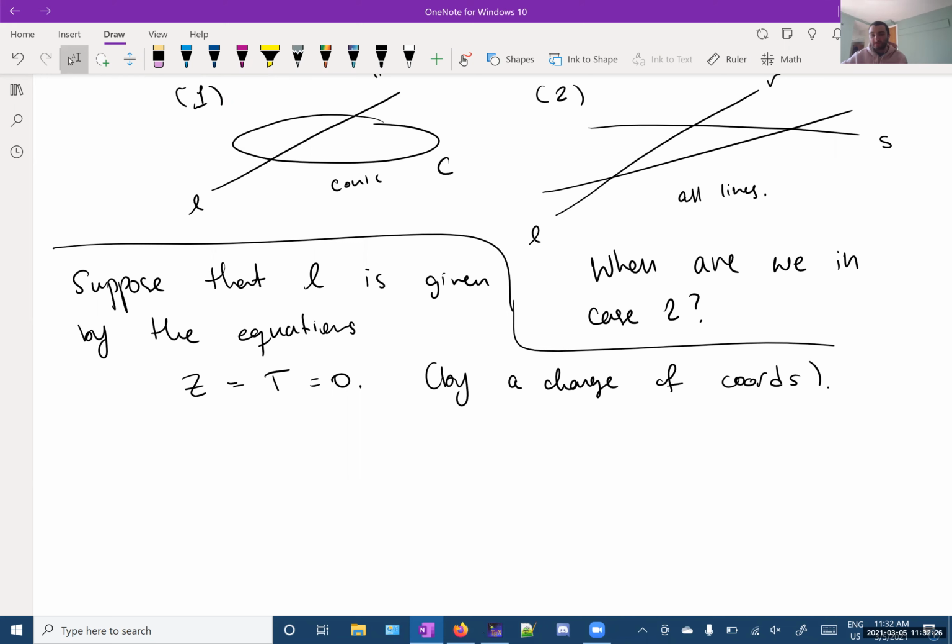What does that mean about our planes? Well, our planes can only have the variables z and t in their defining equations if they contain L. Otherwise, if I just set z and t equal to 0, that wouldn't be enough to guarantee that I lie on the plane. So the equations for planes containing L only contain z and t.